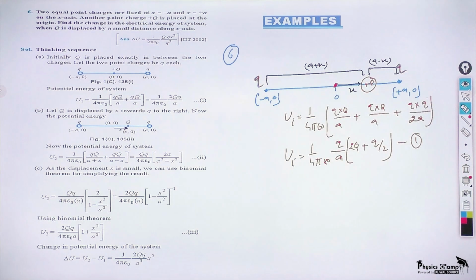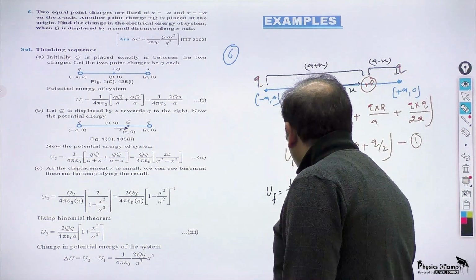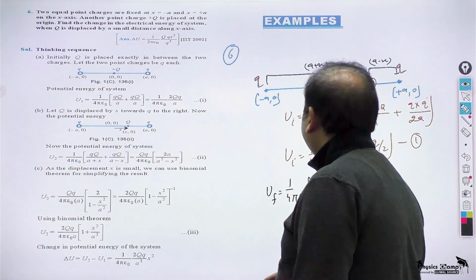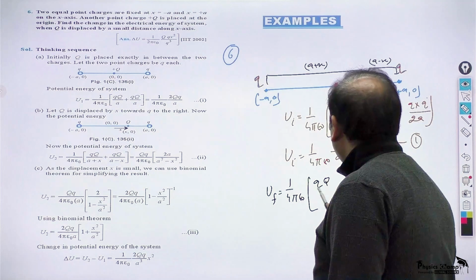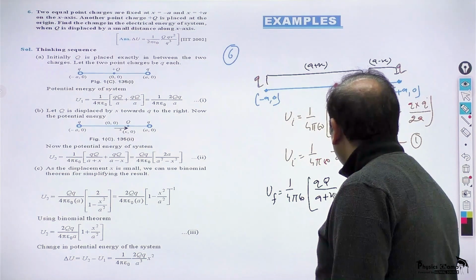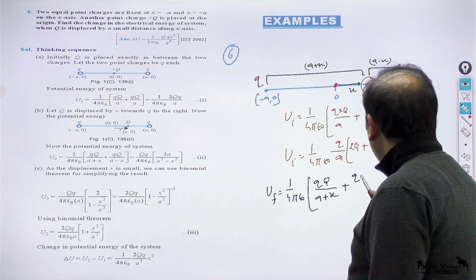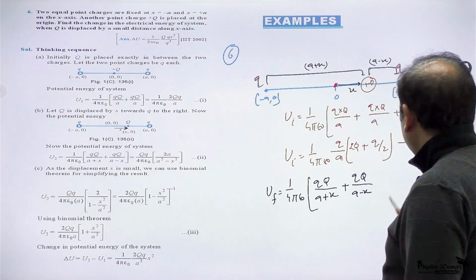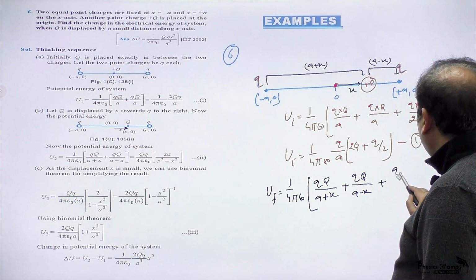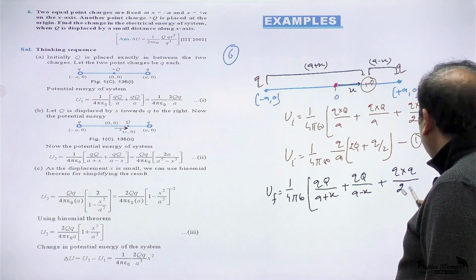So what will be the new potential energy? I would say the new potential energy will be 1 by 4 pi epsilon naught into q Q by a plus x, plus q Q by a minus x, plus q into q divided by 2a.